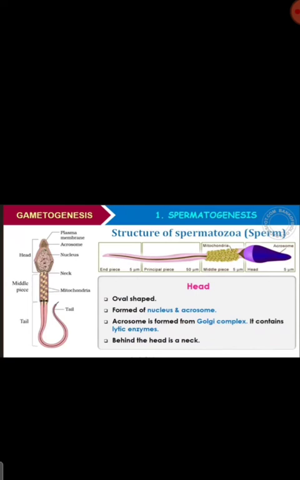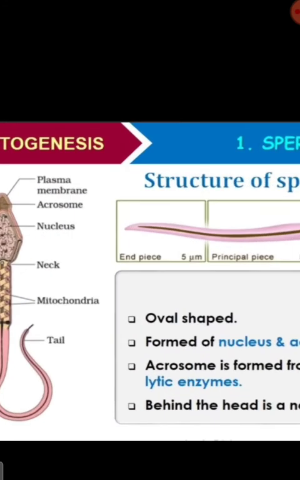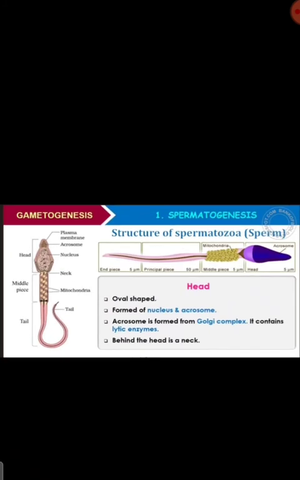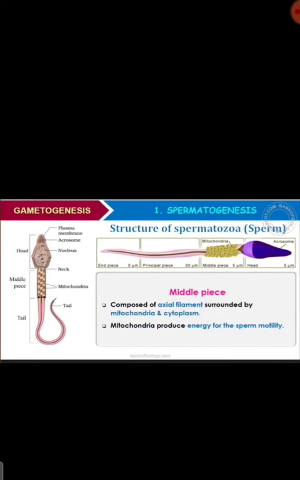Behind the head is the neck, a very short part. Then the middle piece is composed of axial filament surrounded by mitochondria and cytoplasm. The mitochondria produce energy for sperm motility.